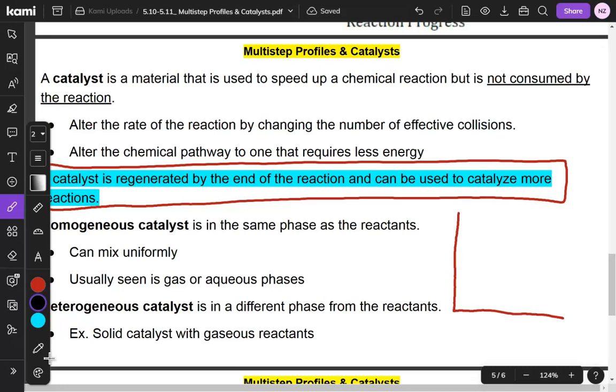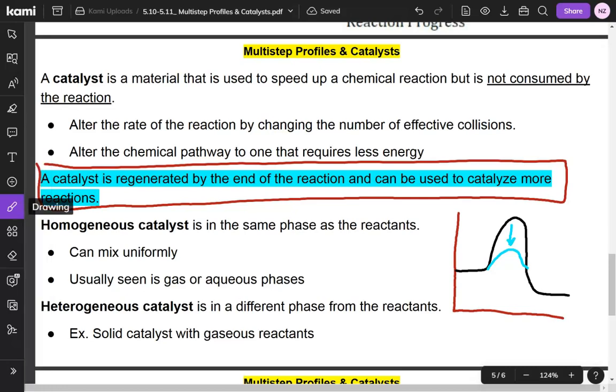So if I have a reaction profile, I have a certain activation energy. A catalyst lowers the requirements, so it's going to lower the activation energy of a reaction. That's the purpose of a catalyst. Again, it lowers the bar and makes the reaction happen with less activation energy.